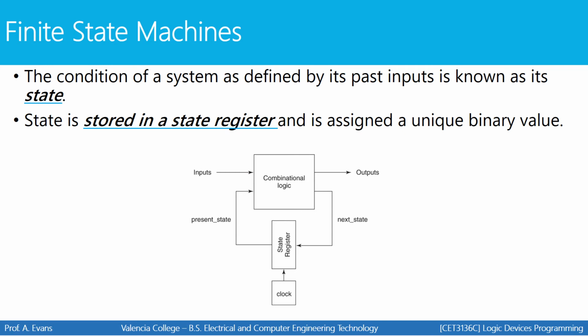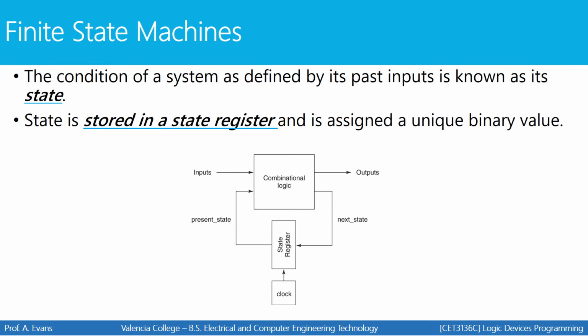And the first thing that we have to understand about any FSM is the idea of state. The condition of the system as defined by its past inputs is known as the state. So for example, when you have designed counters in other classes, we identified the mod number of a counter by counting its unique states, its unique output states.